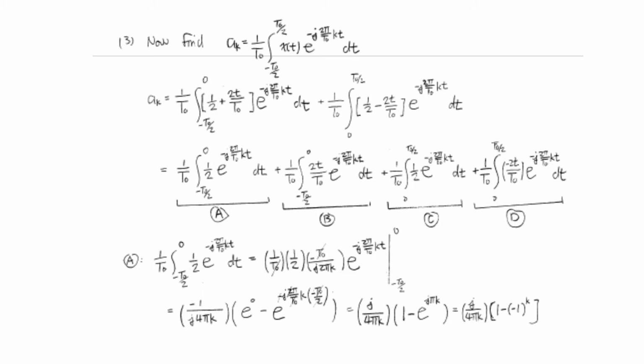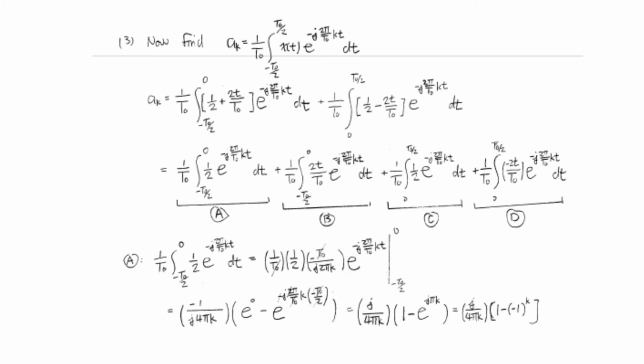Similarly, 1/2 times this exponential gives us this term, and minus 2t over T0 times the exponential gives us this term. Nothing fancy or worth noting so far. All we did was use the piecewise continuous x of t to split it into two, and then multiply the exponential in to get four terms, as you can see here.